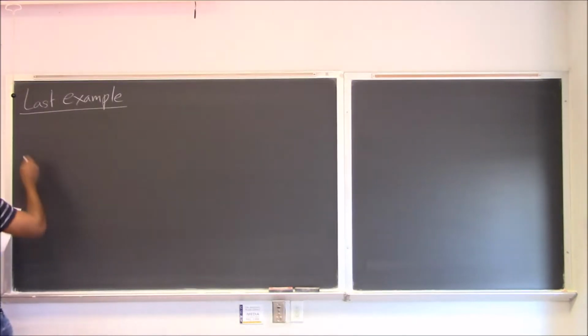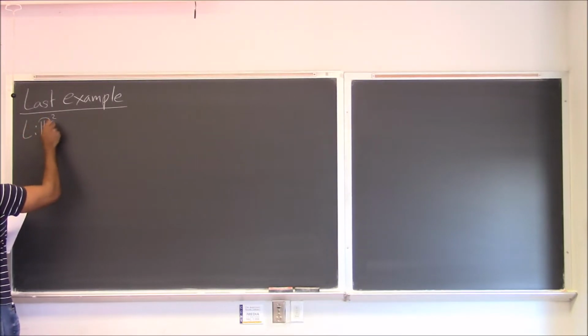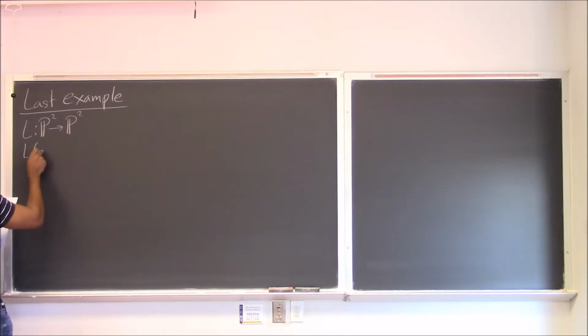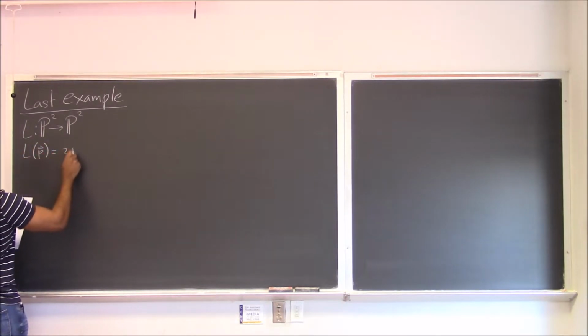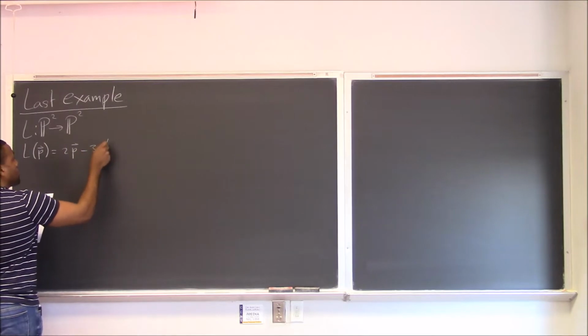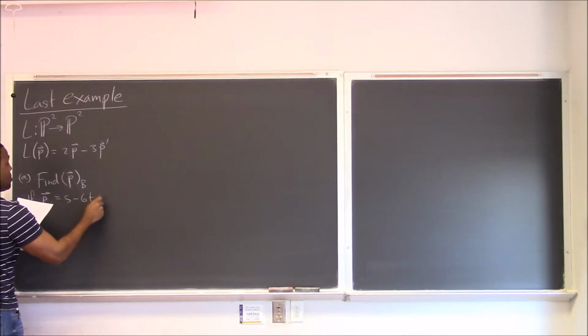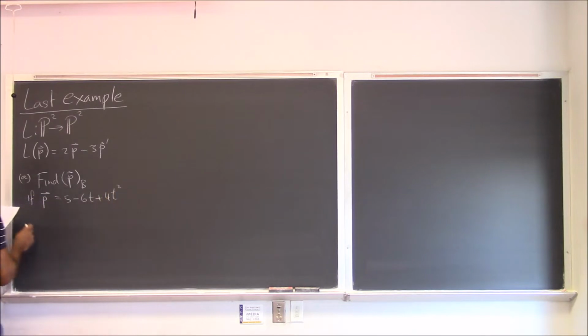You might recall this is L goes from P2 to P2, where L of P is just going to be 2 times P minus 3P prime. And A was to find P of B if this is the polynomial 5 minus 6t plus 4t squared.